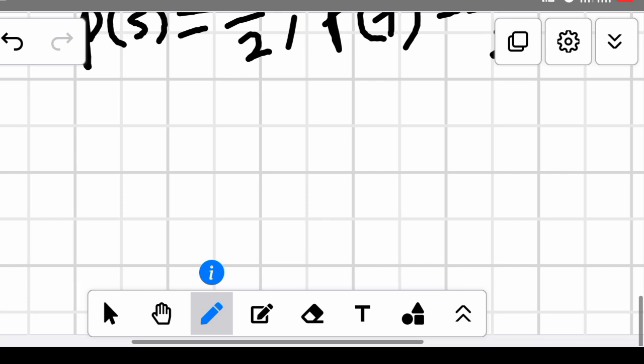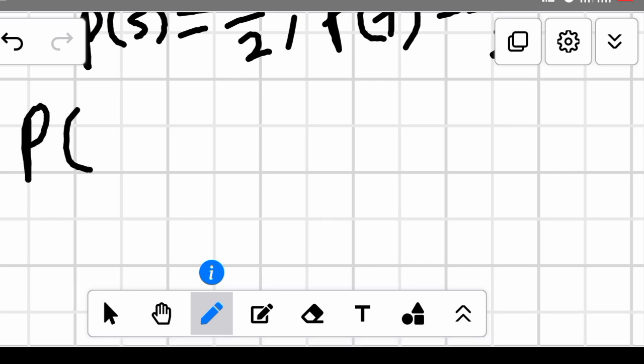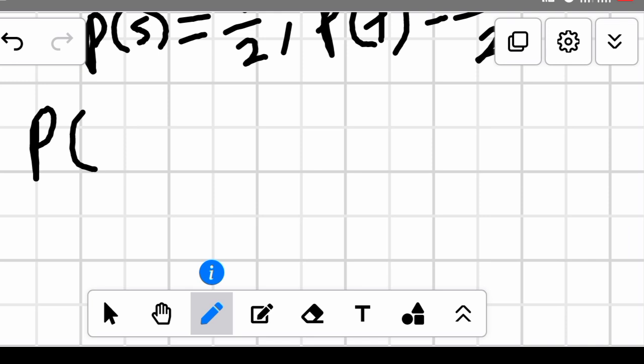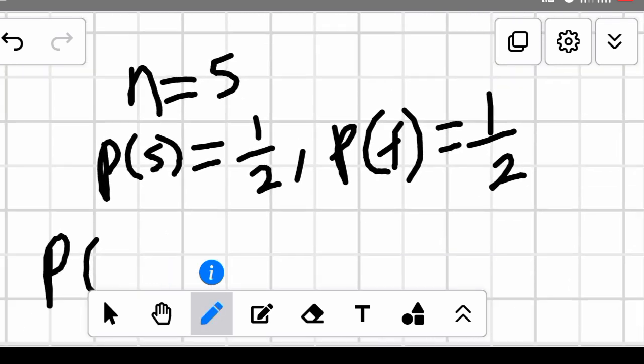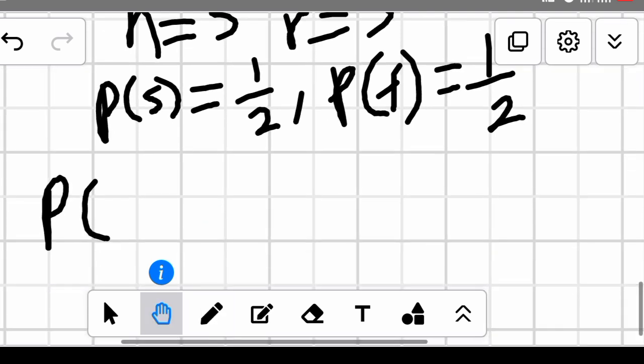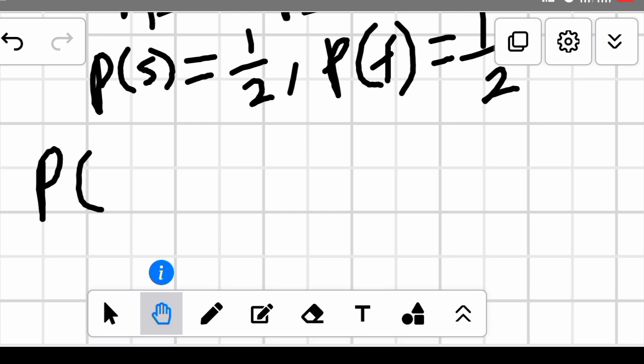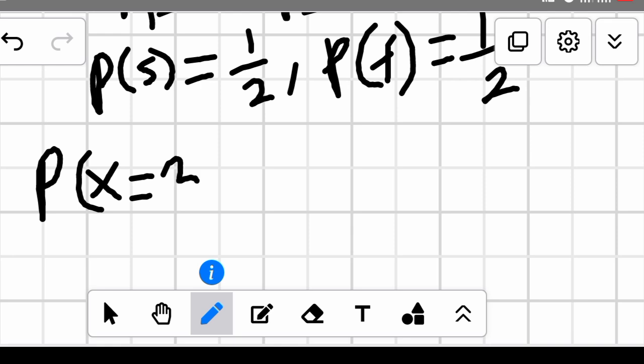So which means we're just going to follow the formula P. So we said success 3 times, so R is going to be 3 in this case. So we want to find the probability of x equals 3, that means you're going to have 5.